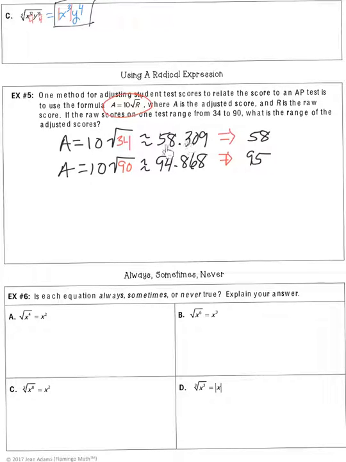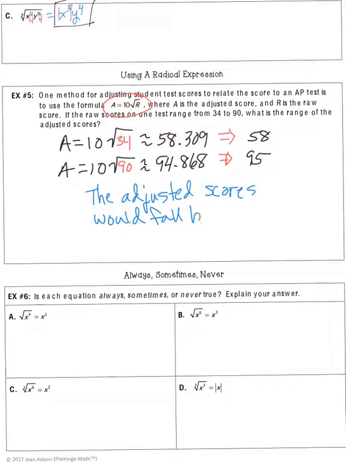Since that's not 5 or higher, it stays 58. Since this is 5 or higher, that bumps up to a 5, so it becomes 95. So therefore, your adjusted scores would fall between 58 and 95.